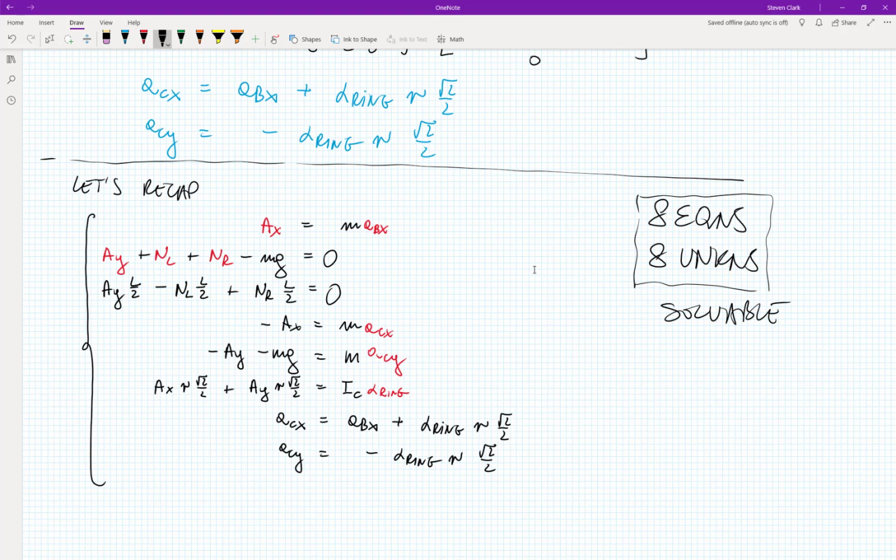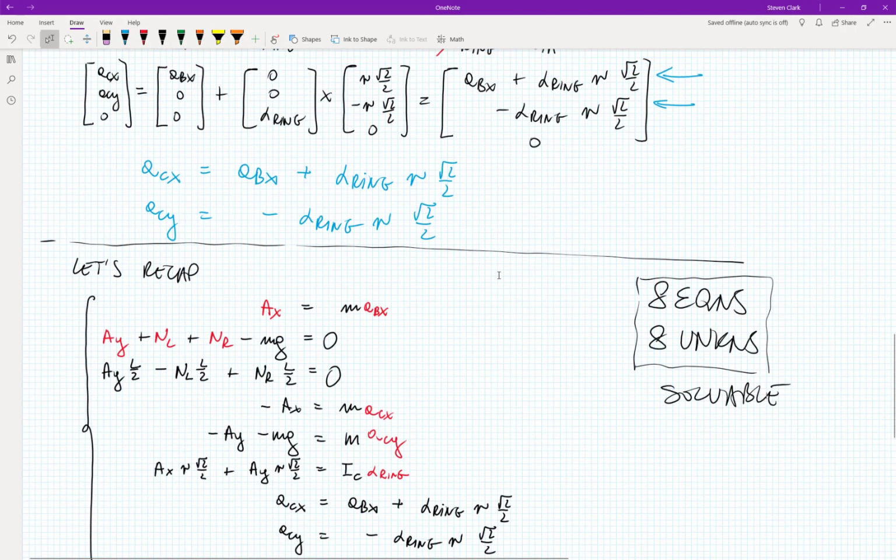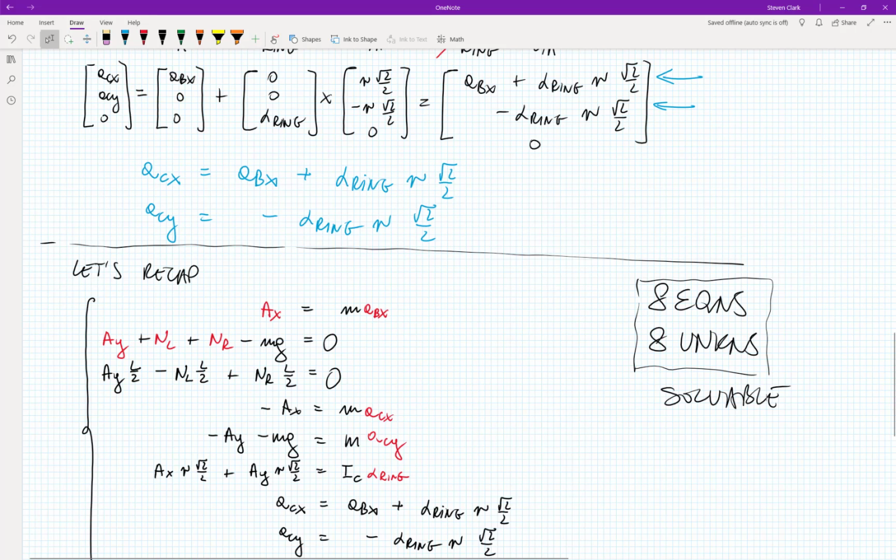Yes, James? I'm just making sure I have my determinant right. Shouldn't the y or the j component be positive as well because it was a positive k crossed with a positive i? Okay, I will see. Maybe I made a mistake.